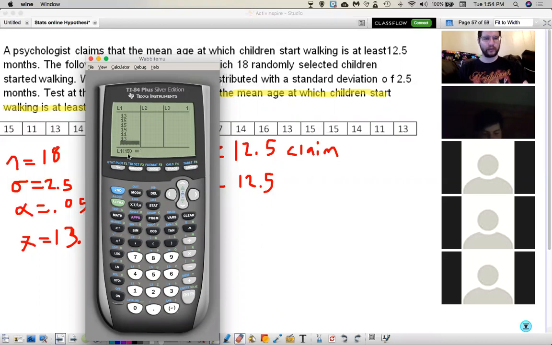And I do have 18 numbers because this is 19 right here and it's blank, so that's good. Second mode to quit.